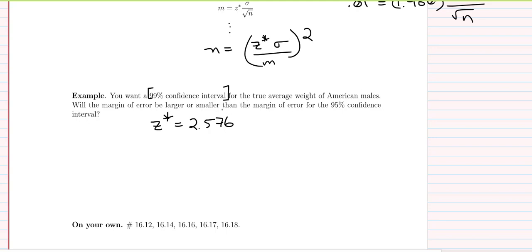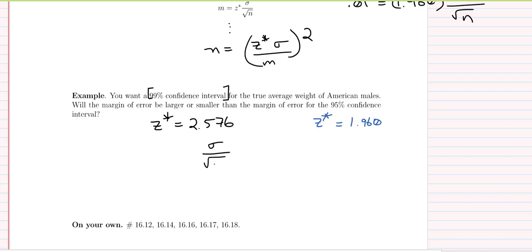Will the margin of error be larger or smaller than the margin of error for the 95% confidence interval? Remember that z star for that is equal to 1.960. We want to know whether the margin of error will be larger or smaller than this margin of error. So what do you guys think? Sigma's already selected.